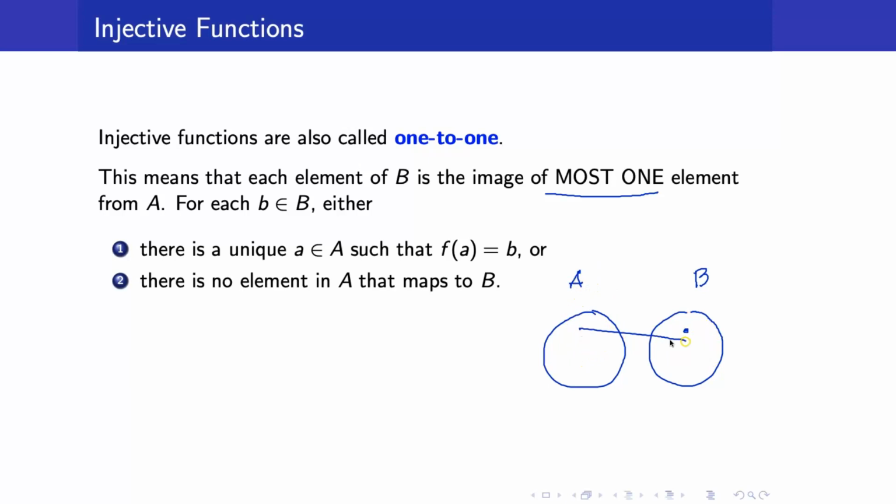So it's possible to have extra elements in B. So this is how an injective function looks like. Therefore, there is a unique element in the domain such that that is the image. So for an element in B, it's possible that it has a pre-image, or in this case over here, there is no element in A that maps to B. So just like in the case of B prime here.